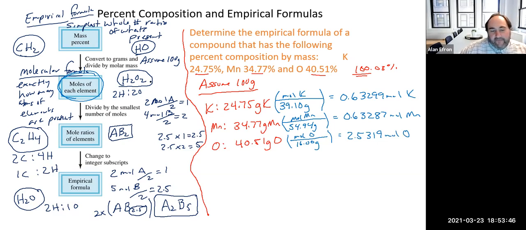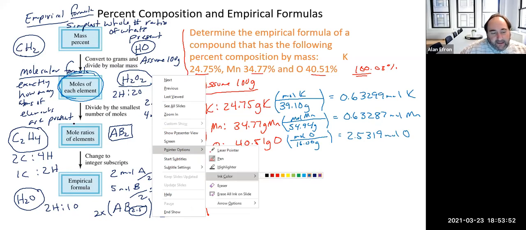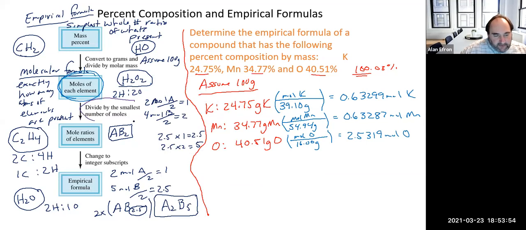Now that I have converted everybody into moles, basically what I want to do now is find the smallest number of moles. In this case, we have a couple that are pretty close, but it does look like the Mn is the smallest. So what I'm going to do is take each of those things. So potassium would be 0.63299 divided by 0.63287.